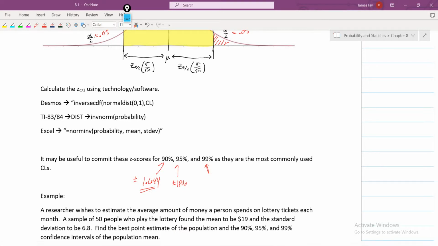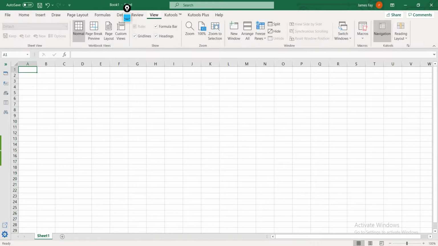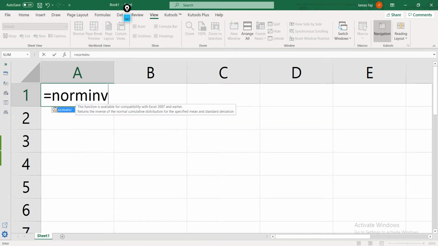Excel to do this. In Excel, all you have to do is type in equals, norm inv, and when I hit parentheses, you see it asks for probability. So in this case, again, I believe it's asking for that cumulative probability.